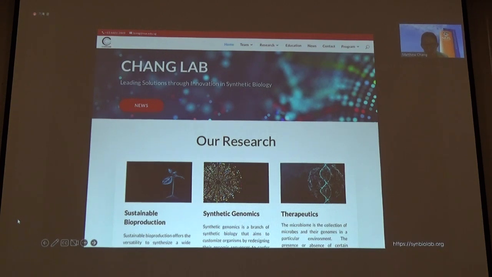Very upstream, we are interested in redesigning and rewriting entire chromosomes of microbes so that we can understand better some of the key features of microbial chromosomes from the bottom up. At the same time, using this approach, we can give whole new cellular functions to live microbes.